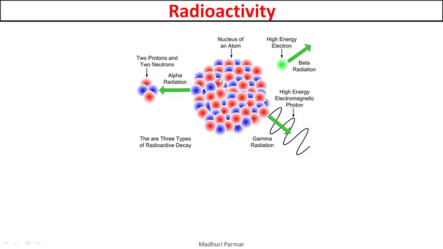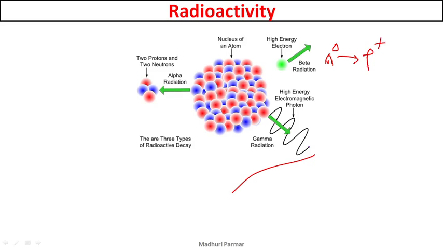Think about this. A neutron is neutral, right? It has zero charge. Sometimes that neutron gets converted into a proton. They have the same mass. Let me draw it here. You have a neutron which has zero charge and it is getting converted into a proton which has positive charge.